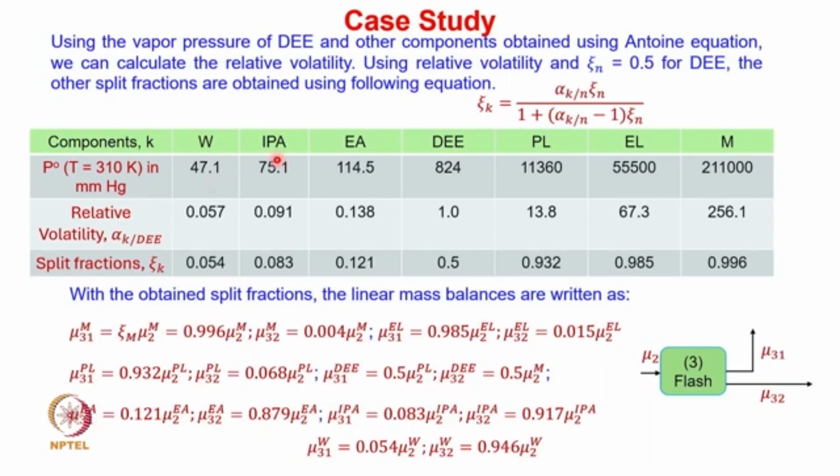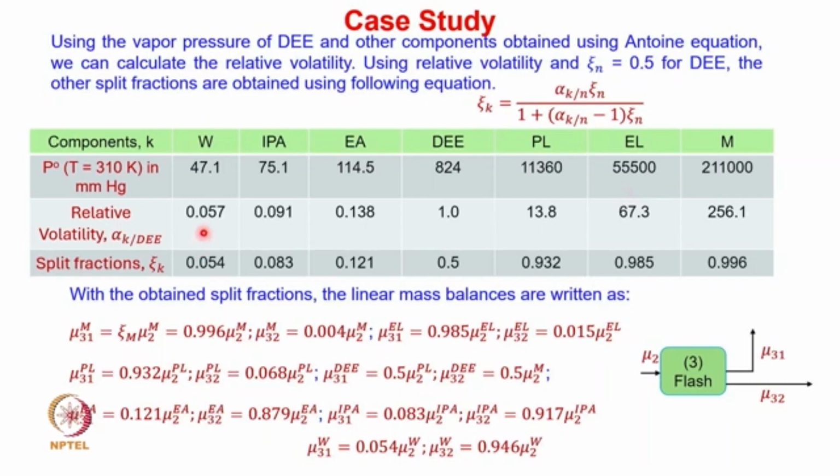So for water, isopropyl alcohol, ethyl alcohol, diethyl ether, propylene, ethylene and methane, for all these components we can calculate the vapor pressure, and the vapor pressure of the component divided by the vapor pressure of the key component, which in this case is diethyl ether, is going to give us the relative volatility. So this alpha k slash DE we can obtain directly by using the vapor pressures, and the vapor pressures we can calculate by using the Antoine equation for a given pressure and temperature.